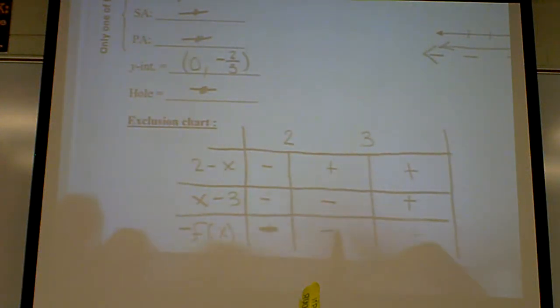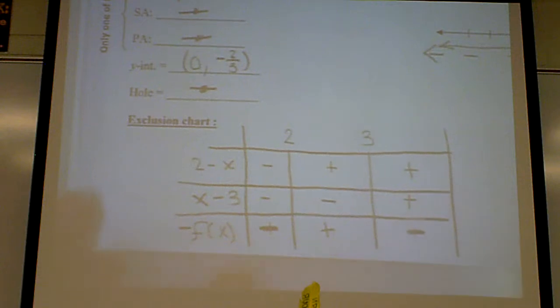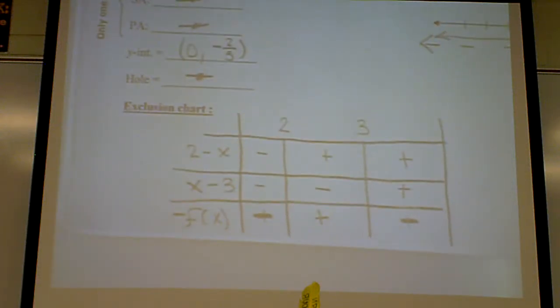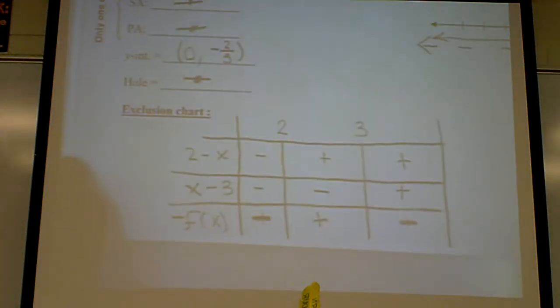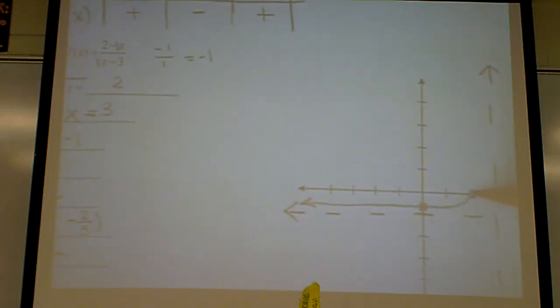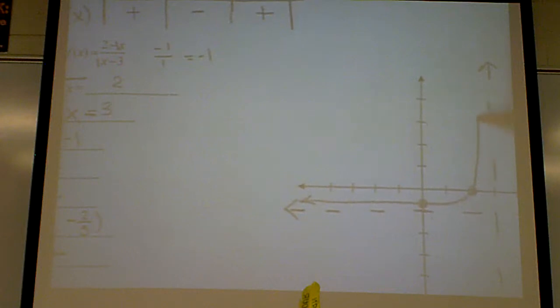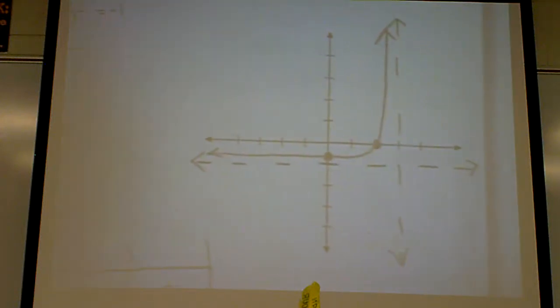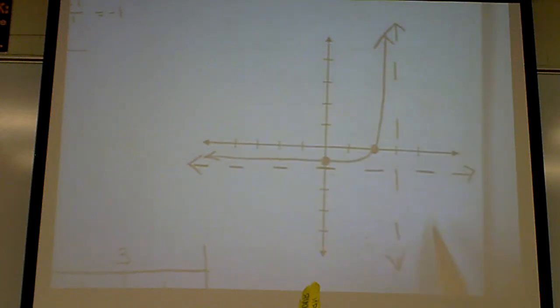This should be a negative, positive, negative. Okay, so now let's make sense. From 2 to 3, it's positive, above the x-axis, like this. And then from 3 to infinity, it's negative, so we're down here.